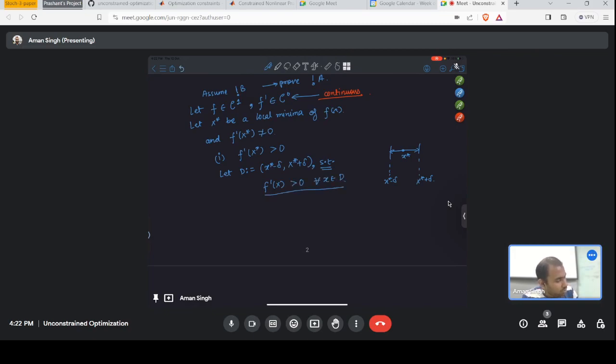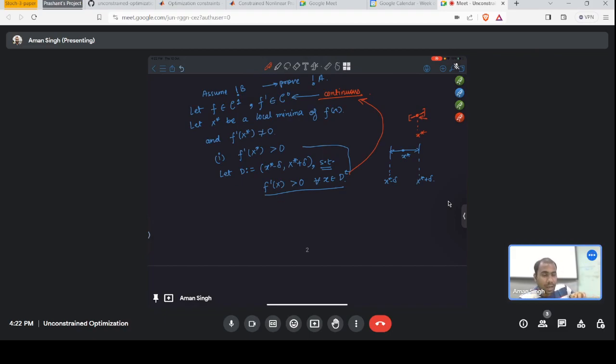What does this mean? So we are assuming a neighborhood in which f dash x is greater than 0. Same sign as this. How can we choose such a neighborhood? So how do we know such a neighborhood exists around x star? Because we assume that f dash x is continuous. So let's say f dash x is positive here at x star. Then around it also we can always find a neighborhood where it will be positive because it is continuous.